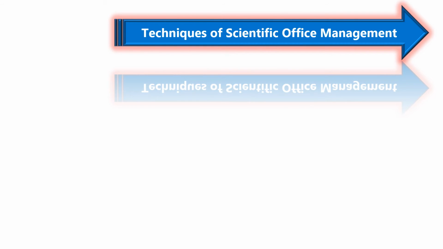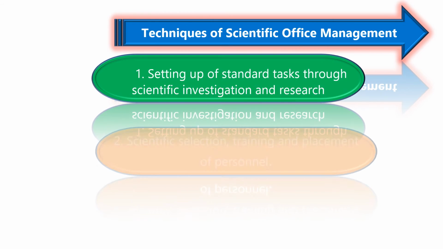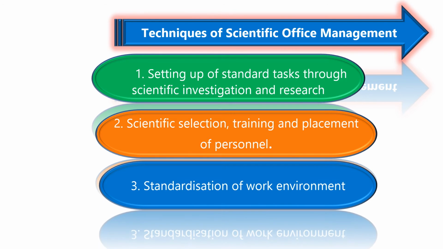Next is techniques of scientific office management. The first point is setting up of standard tasks through scientific investigation and research. Second is scientific selection, training, and placement of personnel.